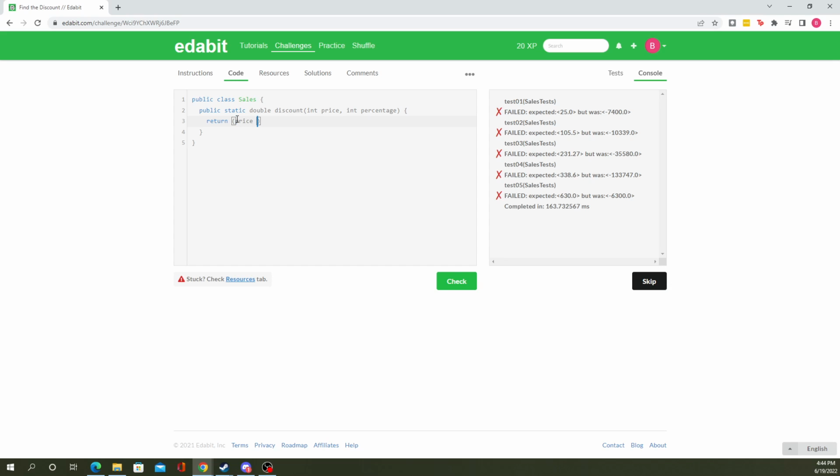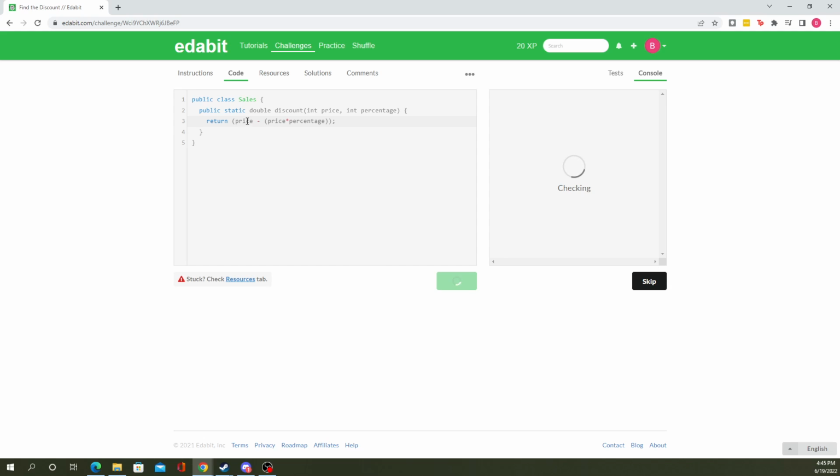We need price minus, because price is our original price, minus price times percentage. We've got those things, and that should give us what we're looking for. We're taking the original price minus price times percentage, which gives us the discount amount in dollars.